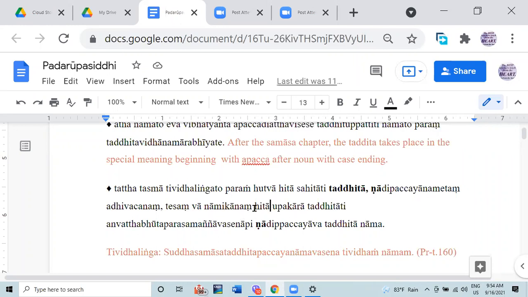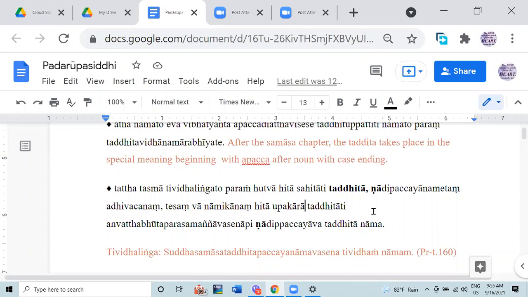Hita is modified by upakara. Upakara means like benefit also.